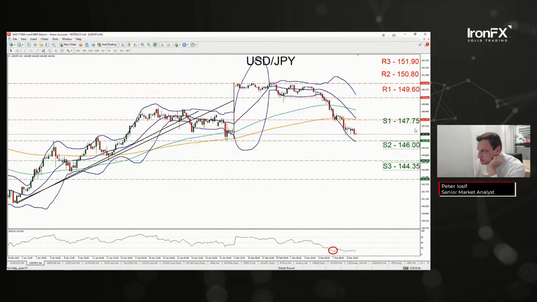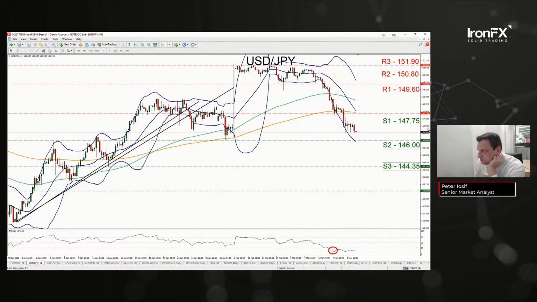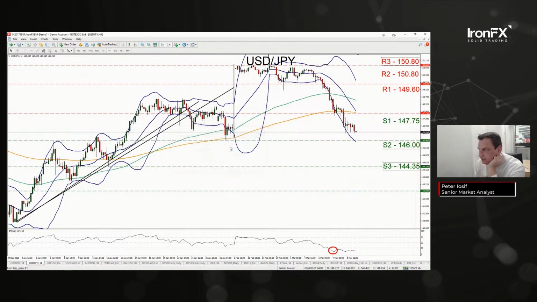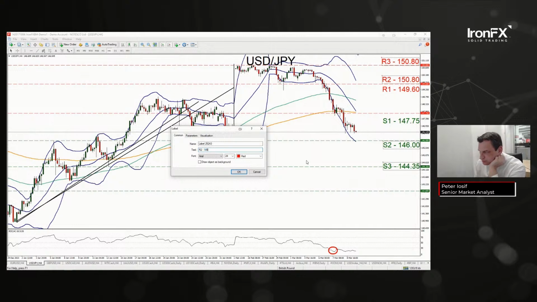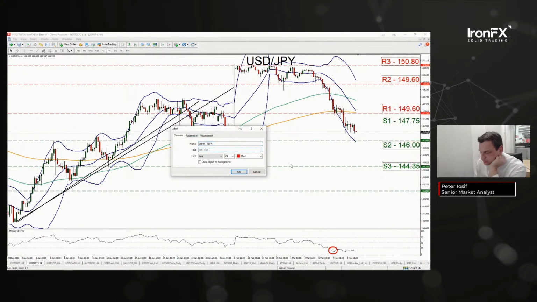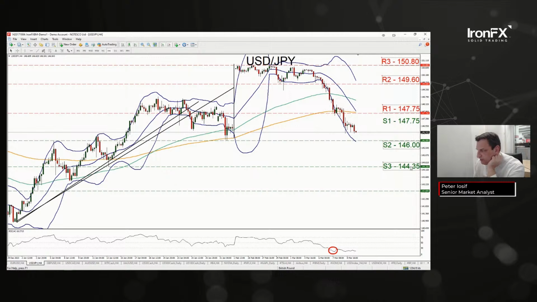Readjusting the chart, let's correct the labels. 150.80 now being set as the R3. 149.60 being set as the R2. 147.75, first resistance line.